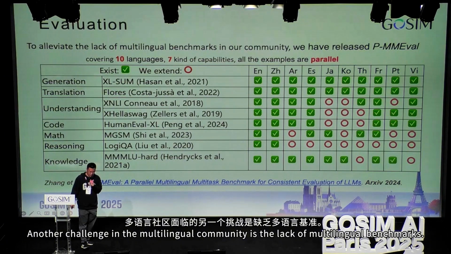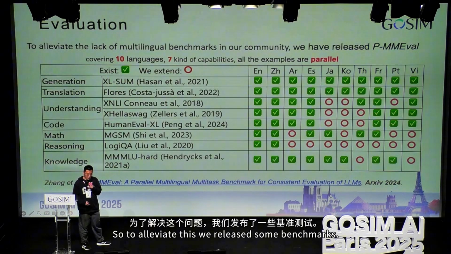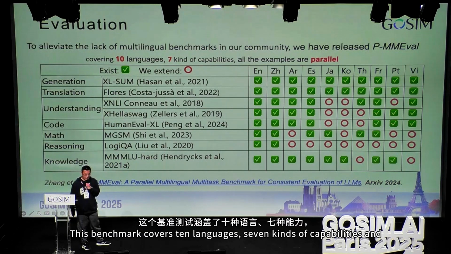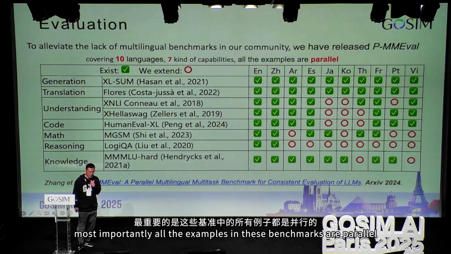Another challenge in the multilingual community is the lack of multilingual benchmarks. To alleviate this, we released some benchmarks, for example, PMMEval. This benchmark covers 10 languages and 7 kinds of capabilities, and most importantly, all the examples in this benchmark are parallel.